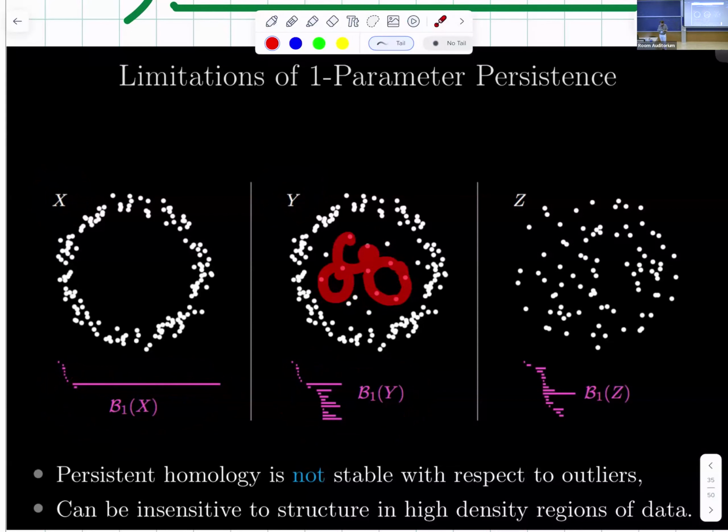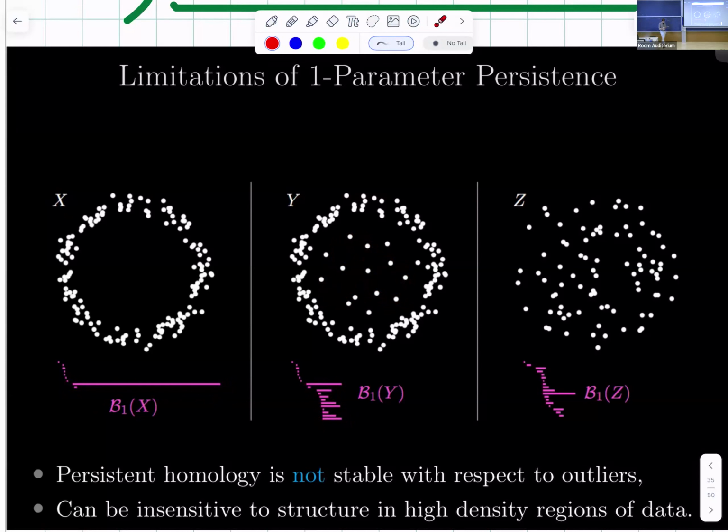So in the H1 of the noisy picture, you see a whole bunch of bars for H1 popping up, and the long bar is gone. So there's a drastic change between these two pictures. Yeah, so it can be unstable under outliers. Okay.